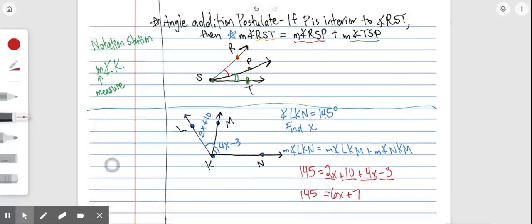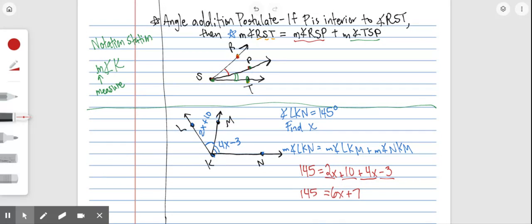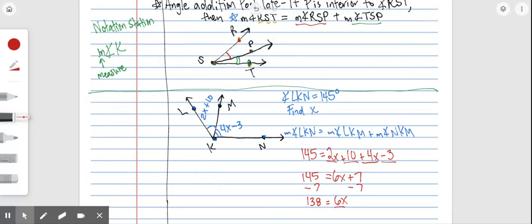Okay, now I've got an algebraic equation to solve. So I'm going to subtract the 7 from both sides. And I have 138 equals 6x, which means I'm going to divide by 6. 138 divided by 6 is 23.